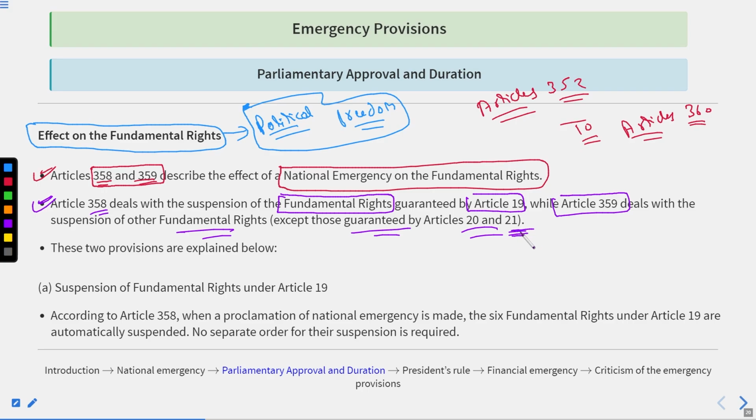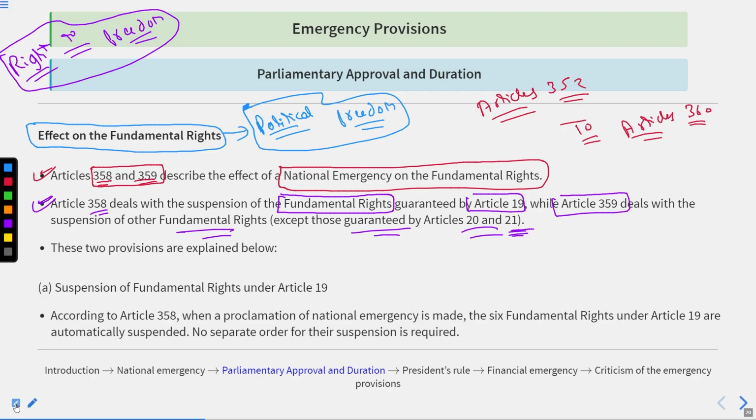So remember that Article 358 basically suspends the fundamental rights provided by Article 19, which is the right to freedom. Thereafter, other fundamental rights will be suspended by the power of Article 359, except those provided by Article 20 and Article 21.